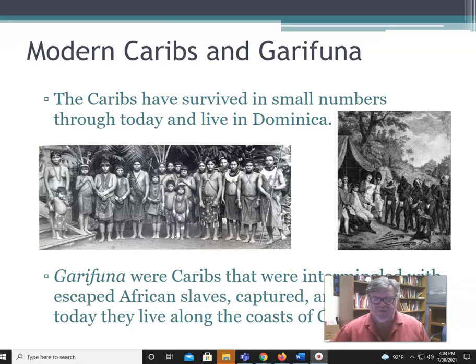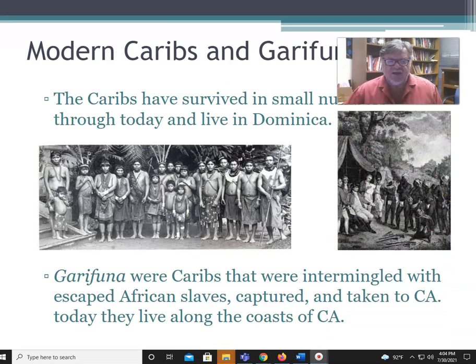There are groups of modern Carib tribes, and they also intermarried or intermingled with black African slaves. And out of the combination of Caribs and Africans emerged a new ethnic group called the Garifuna.